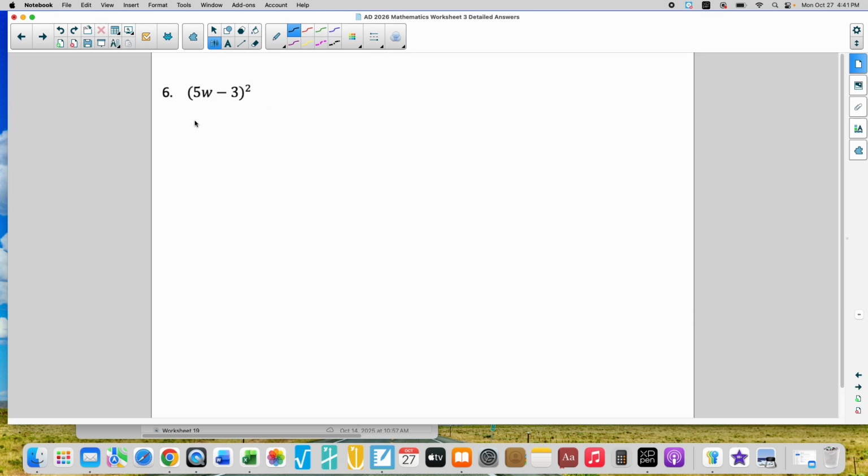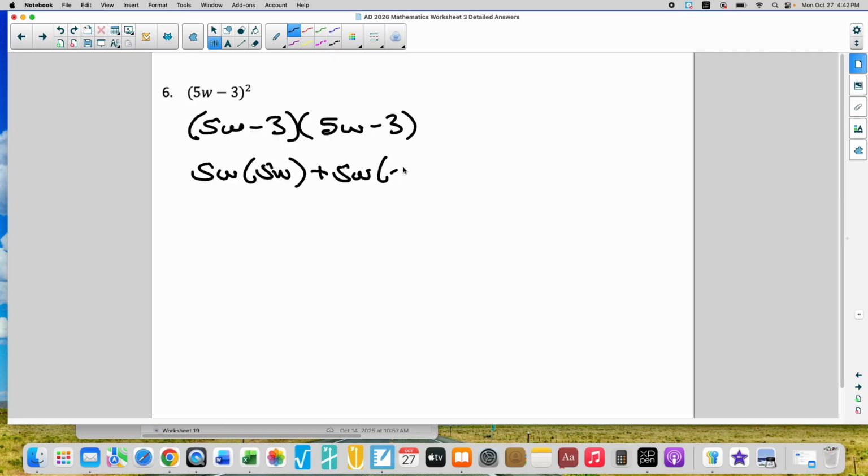This is (5w minus 3) squared. We need to understand that this is a variable term being squared, so it's technically two of the base, 5w minus 3. So 5w times 5w plus 5w times negative 3 minus 3 times 5w minus 3 times negative 3.